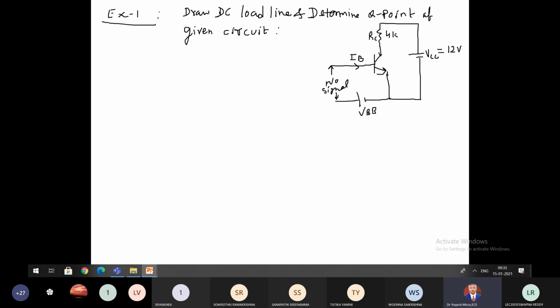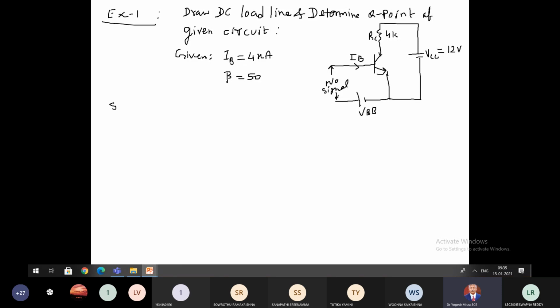So we have to find the Q point of the given circuit. Now here given is IB, which is flowing in this circuit, is 40 microampere, and the beta of this transistor is also given, and it is 50. Right?